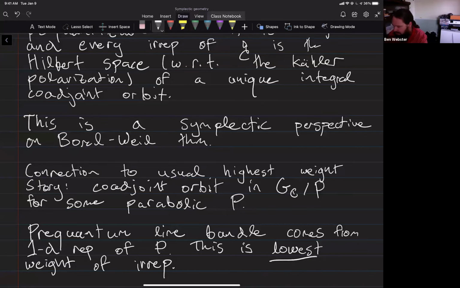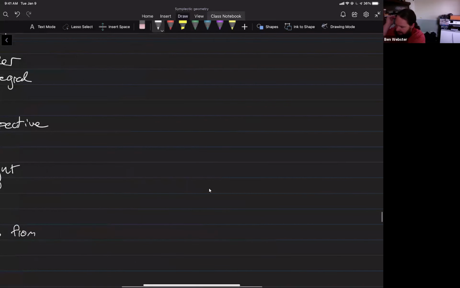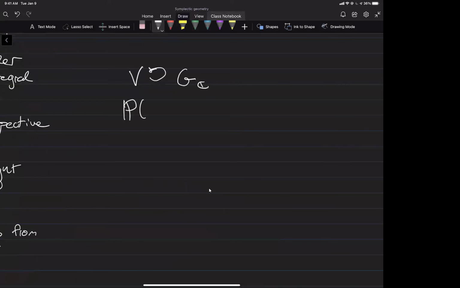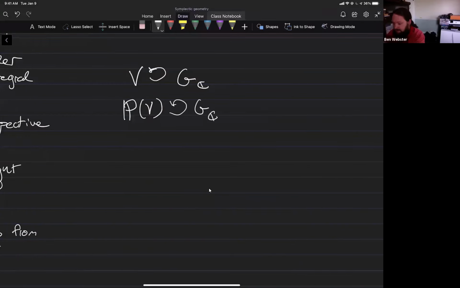So the thing I was going to say about Borel-Weil is if you have any representation of, let's say, a compact group, but actually let's say of its complexification, so I have a representation of G_C, I can look at the projectivization of that. G_C acts there as well. There's a theorem that there's a unique closed orbit.